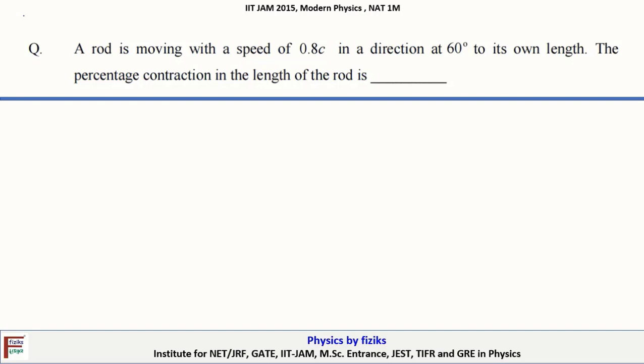A rod is moving with a speed 0.8c in a direction at 60 degrees to its proper length. The percentage contraction in the length of the rod is. We have v equals 0.8c, theta equals 60 degrees.